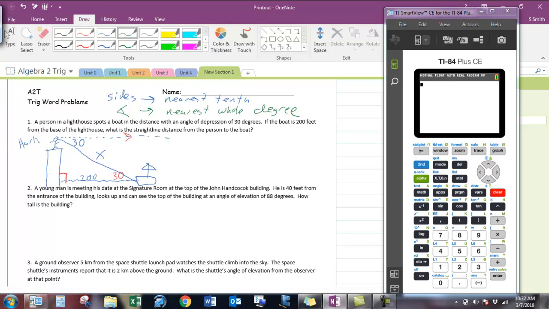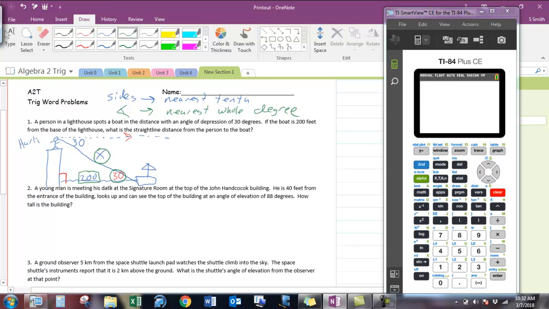We are going to do SOHCAHTOA on this thing. So the question is, if we're working with this 30-degree angle and we're given 200 on this side and x on this side, well, what is x in terms of sides? That's the hypotenuse, right? It's opposite the right angle, so that's the hypotenuse. What is 200 in relation to this angle of 30? Is this the adjacent side or is this the opposite side?